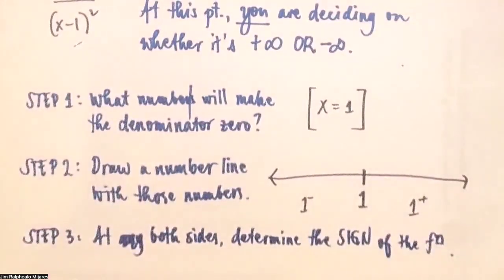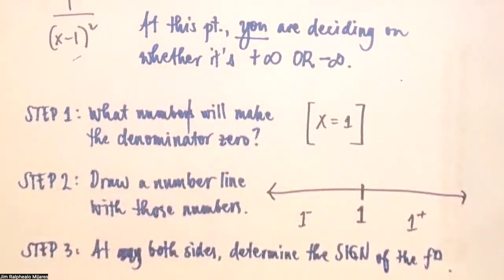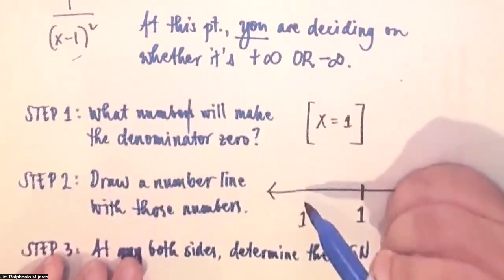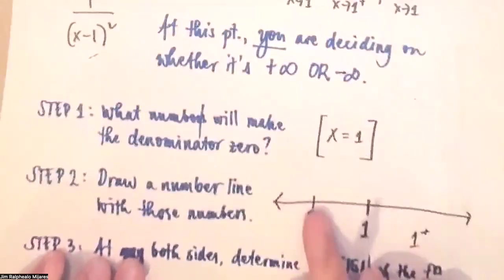How are you going to do this? What you can do is substitute a number on this side and a number on this side. And at this point, you don't care about how close it is to 1. You can substitute in here to the left. Why not substitute 0?